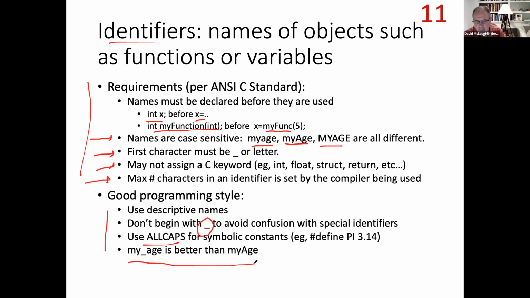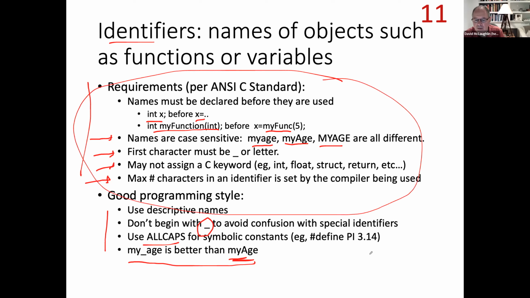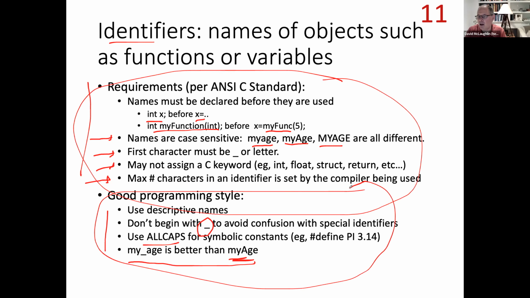Not everyone would agree on this, but one style guideline is to use only lowercase unless you're dealing with symbolic constants. So my_age would be better than my age with a capital, which they call camel case because it has a hump in it. Those are all just style things. The first half of this are things that you have to do according to C. The second half are things that are good to do from a style perspective.